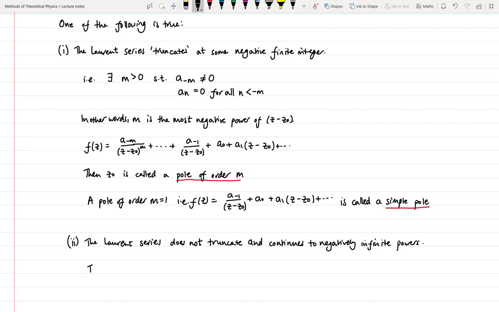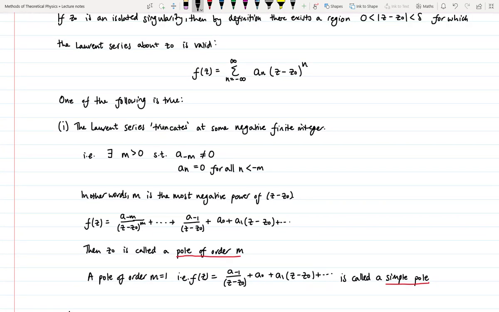If this is the case, then we call the point z0 an essential singularity. This is another important piece of terminology. And note that we don't call these poles.